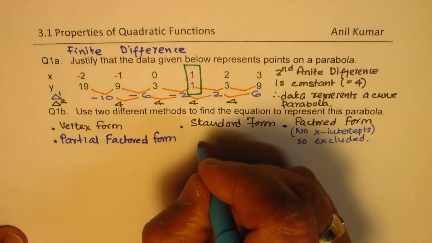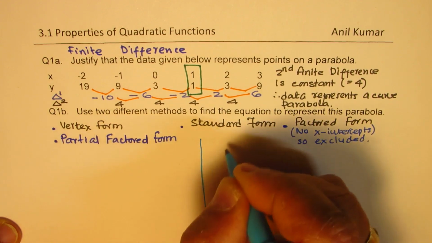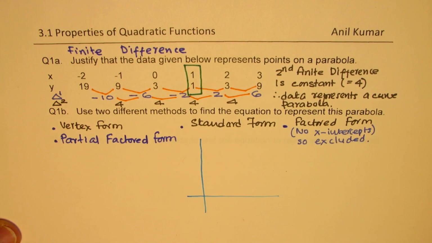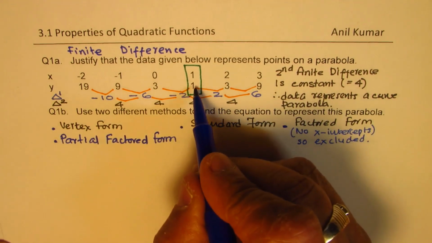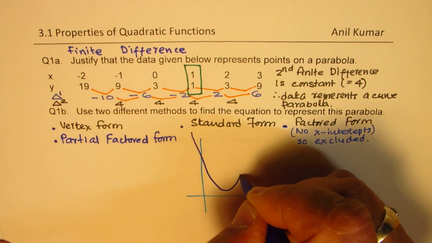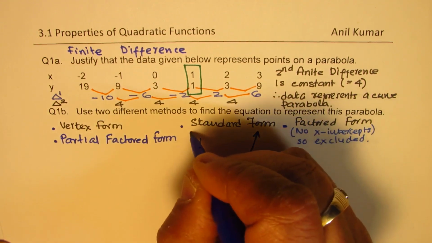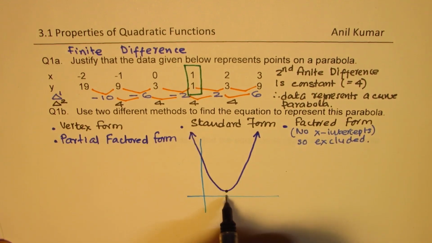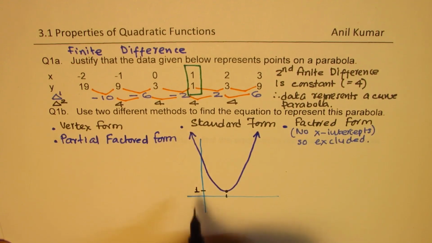Let me sketch. To give you an idea, I'll sketch it right here in the center. Since it is always positive and it has a minimum at 1, 1, so it could be sketched kind of like this. Okay, so that is a rough sketch. The point here is 1 and this is 1, okay?